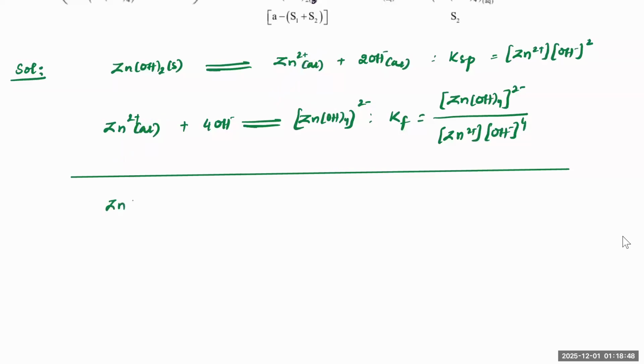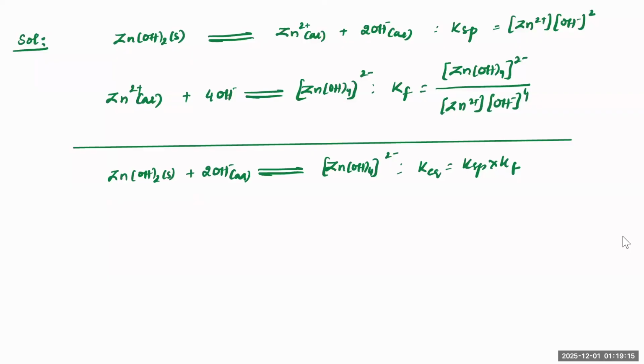Zn(OH)2 solid plus 2 OH minus aqueous gives Zn(OH)4 2 minus. The sum of these two implies the new equilibrium constant will be equal to Ksp multiplied by Kf.